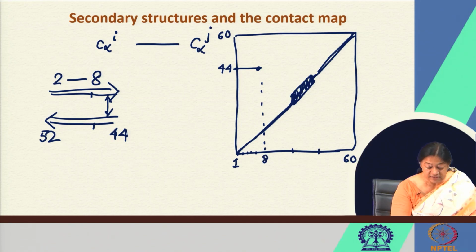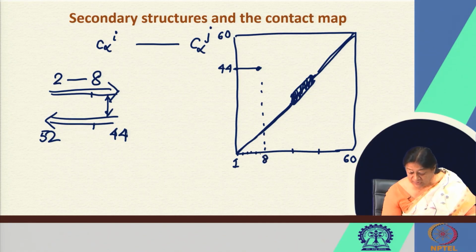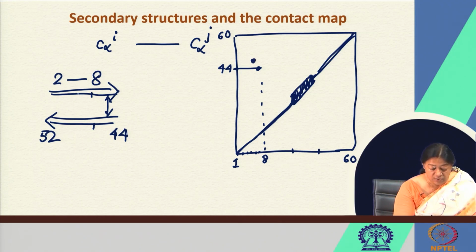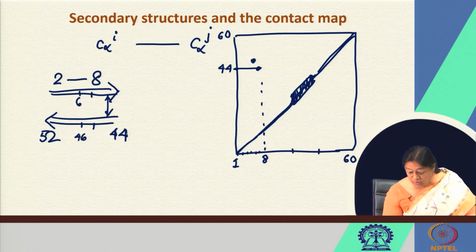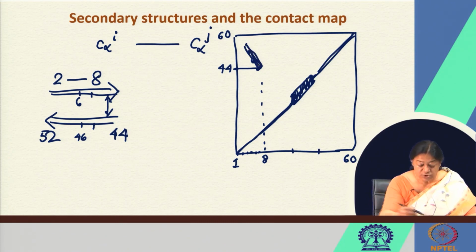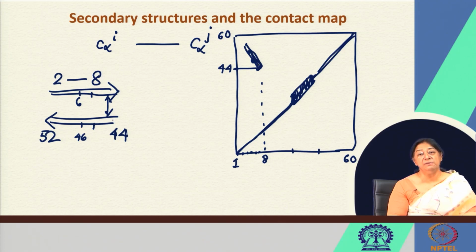Now, 7 is one back here, and 45 would be up here. So, I would have this here. Then if I look at number 6, that would be in connection with 46. So, I go back a step here, further up here. What would I see? I would see a line that looks like this. So, this would be an anti-parallel beta sheet.